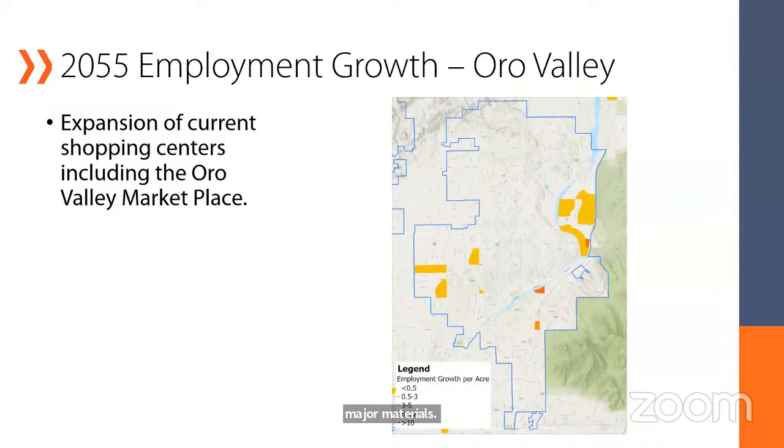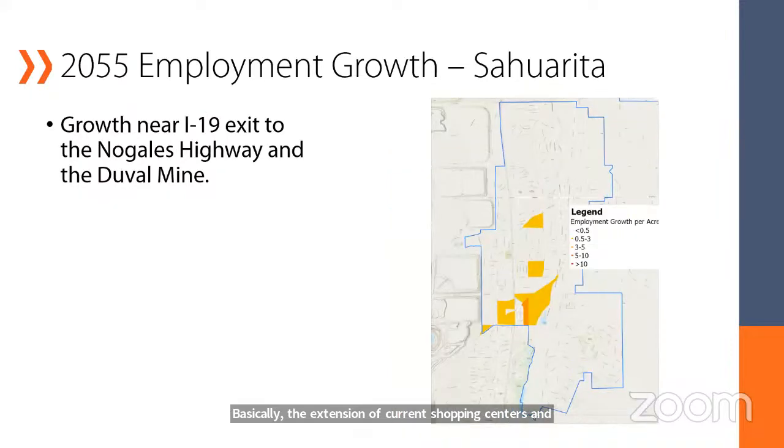And for the Oro Valley, we see the expansion of current shopping centers including the Oro Valley Marketplace. For Sahuarita, we see the growth near the I-19 exit to the Nogales Highway and the copper mine over there.